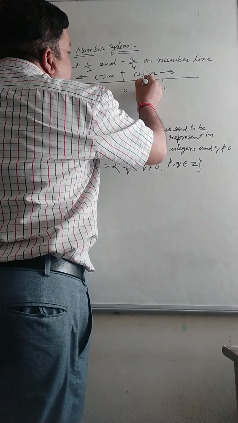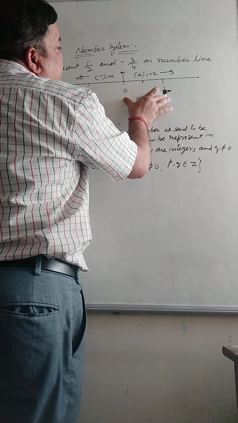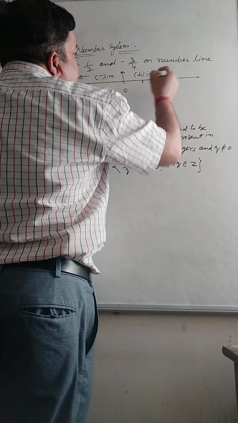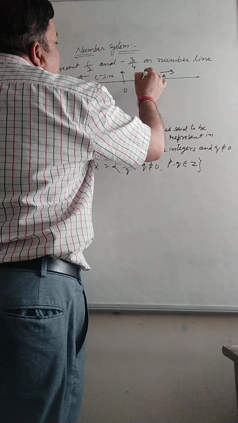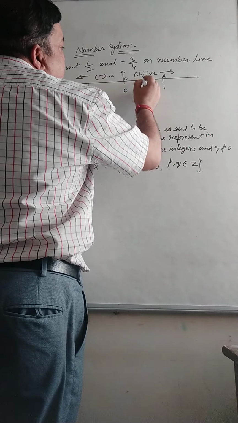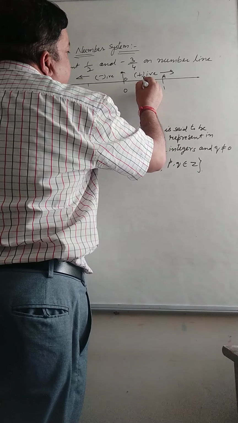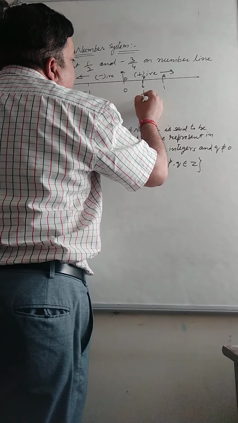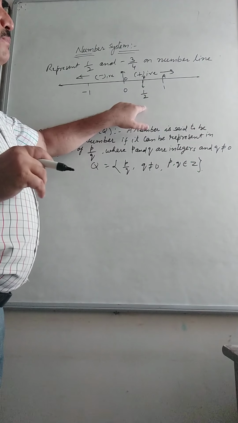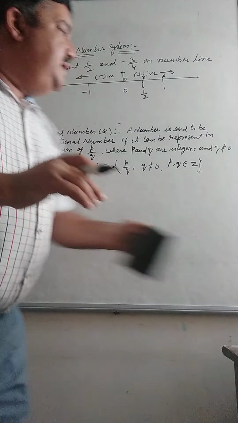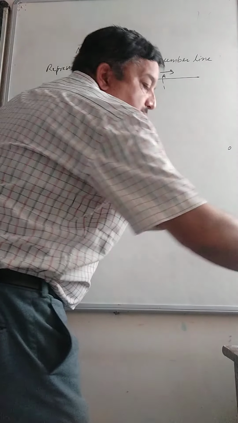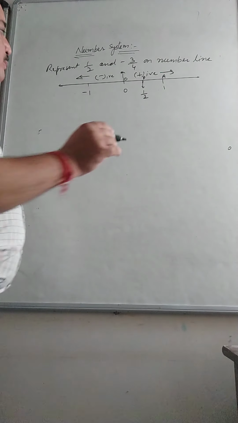Say this is the midpoint of 0 and 1, and say A is representing 1, and we took point P between O and A. This P will represent 1 upon 2. Similarly, suppose you want to represent minus 3 upon 4.